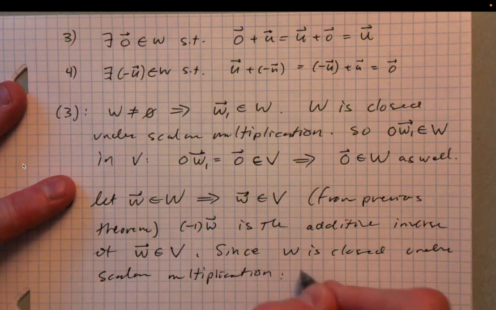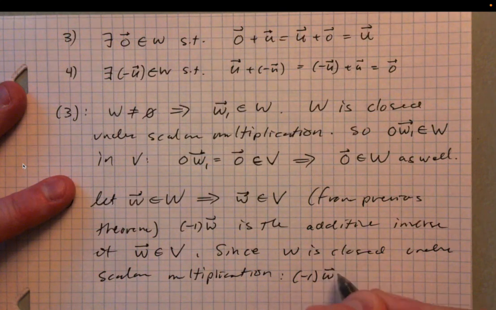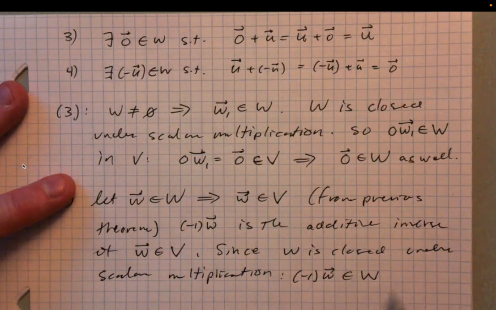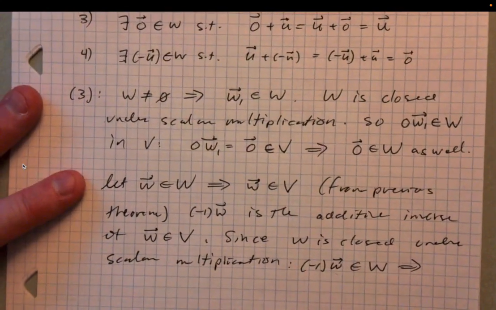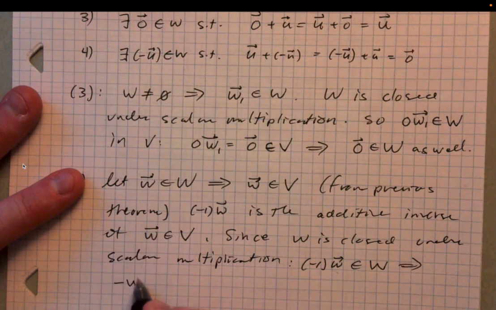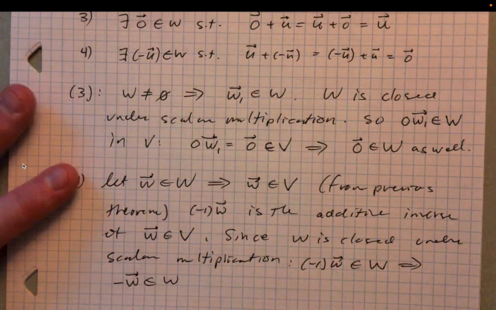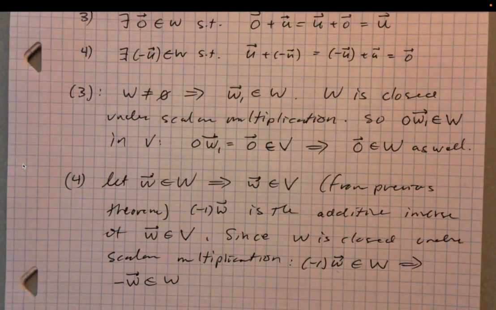Well, -1 times the vector w must be in W, which implies that the inverse, because this is equal to the inverse of w, is in W. So that's the demonstration of 4.